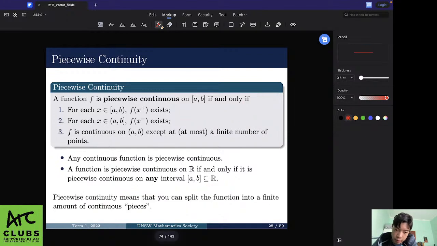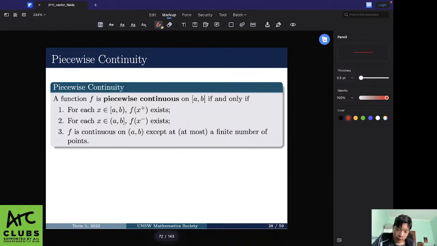Now, what does it mean to be piecewise continuous? Well, you can think of it as the fact that if we take a function, we can split it up into a finite amount of continuous pieces.